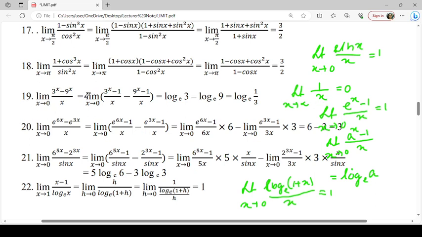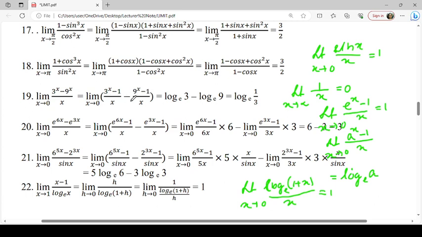So in this problem, 3 to the power x minus 9 to the power x is of the form a to the power x. So we are writing it like this: 3 to the power x minus 1 by x, so we are subtracting 1 and adding 1. So 3 to the power x minus 1 minus (9 to the power x minus 1).